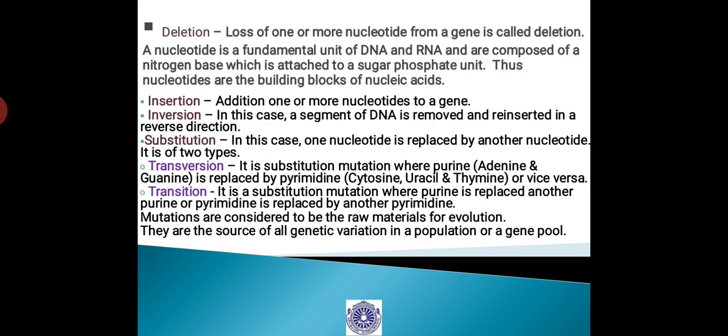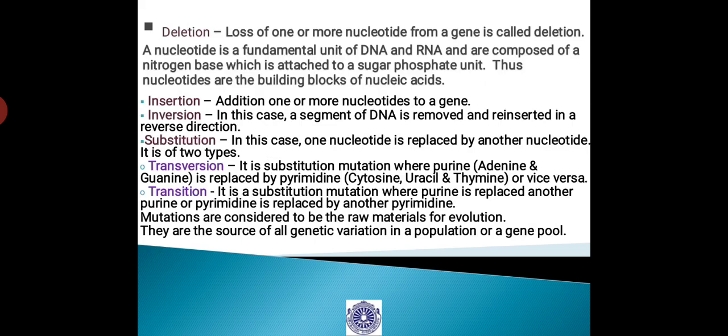Coming to the first type of mutation, that is deletion. You know what deletion is? It is the loss of one or more nucleotides from a gene. And a nucleotide is a fundamental unit of DNA and RNA and is composed of a nitrogen base which is attached to a sugar phosphate unit.